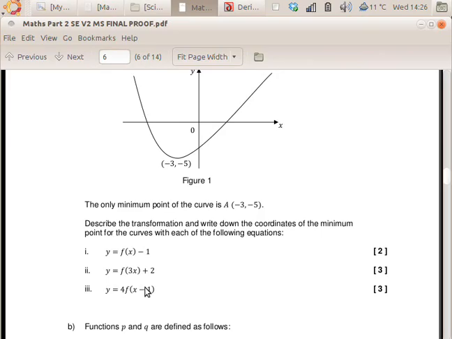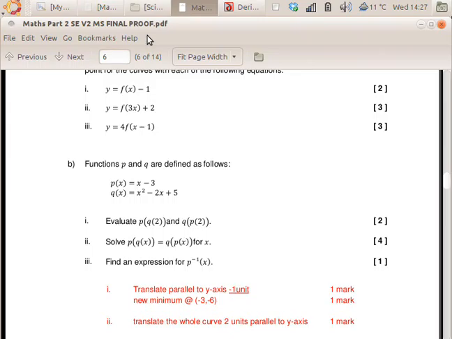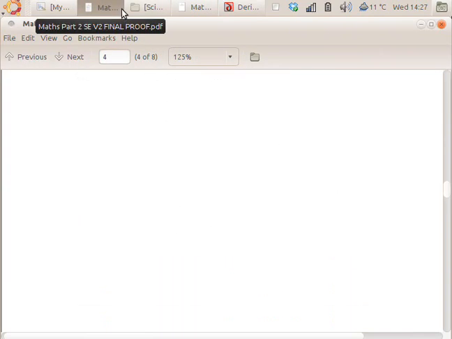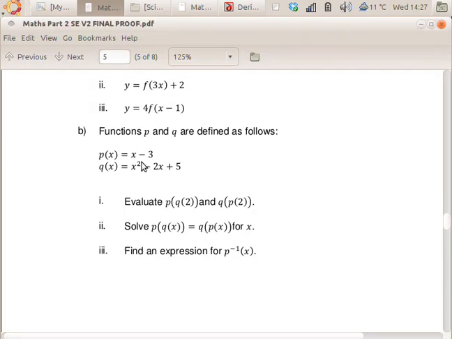The more difficult part now, which I'll write down, is the B part. Oh, let me get the question up. So please write these down, p(x) and q(x).